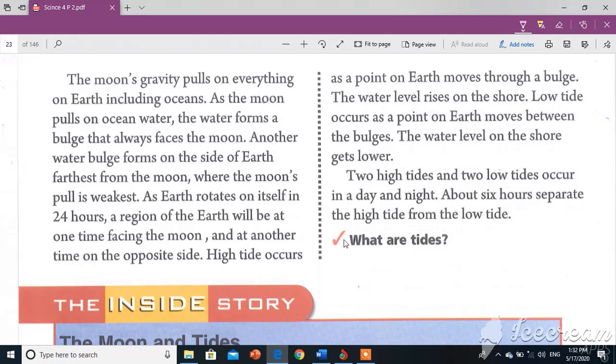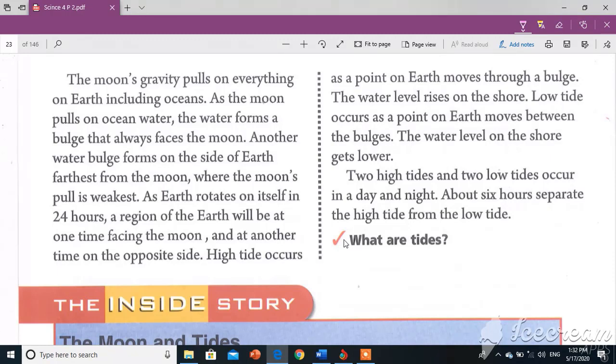Another water block forms on the side of earth farthest from the moon, where the moon's pull is weakest. As Earth rotates on itself in 24 hours, a region of the Earth will be at one time facing the moon and at another time on the opposite side.